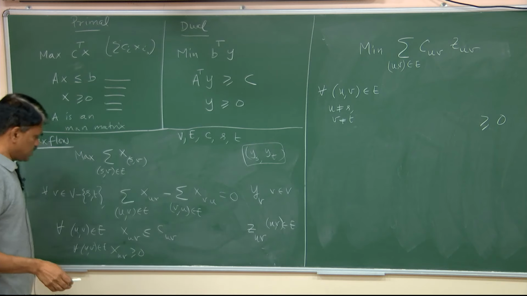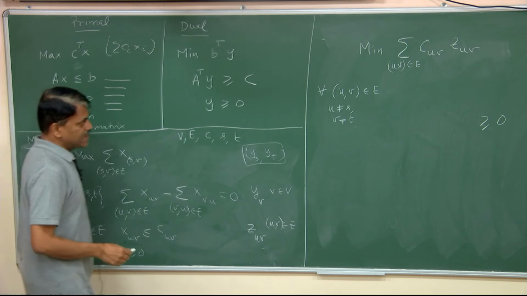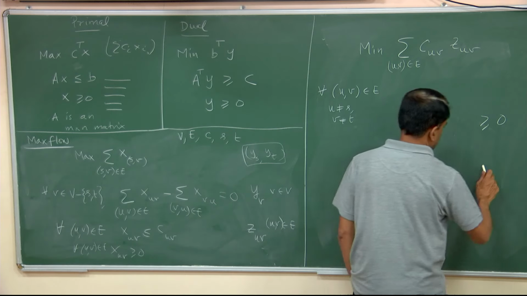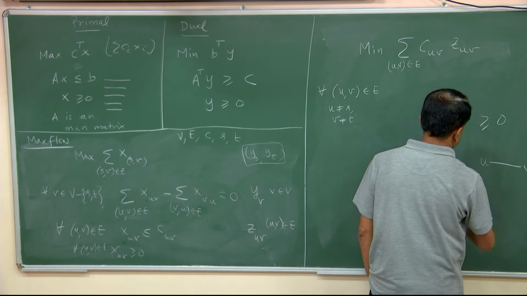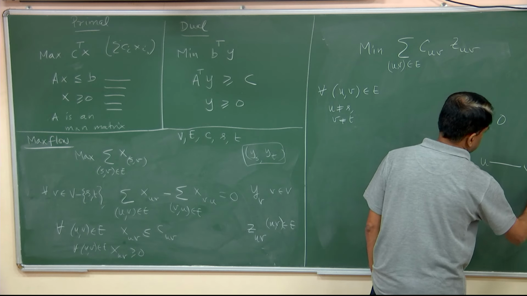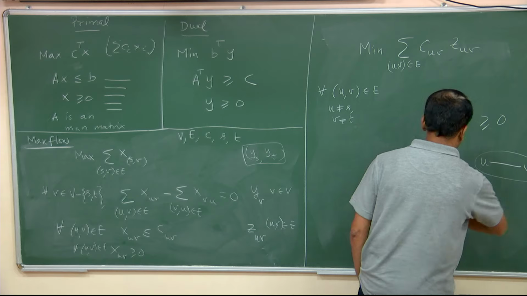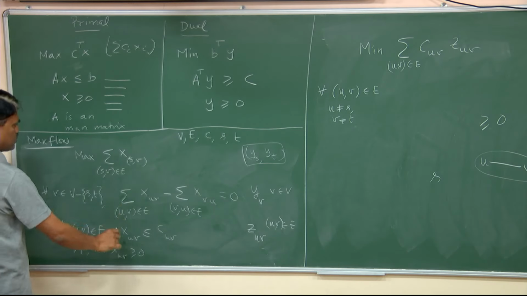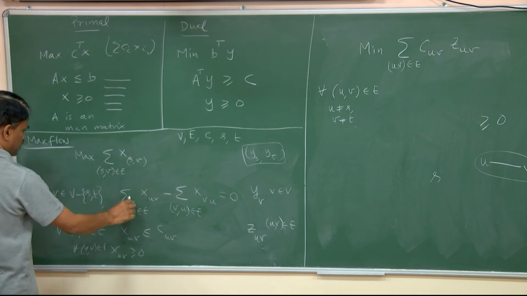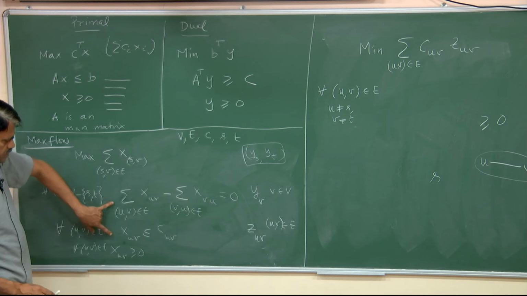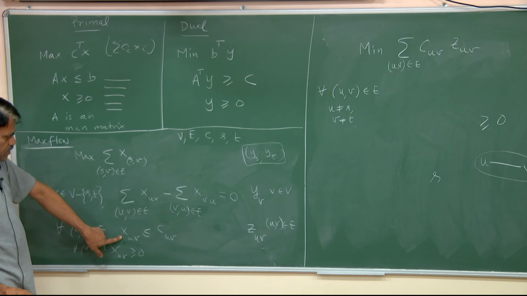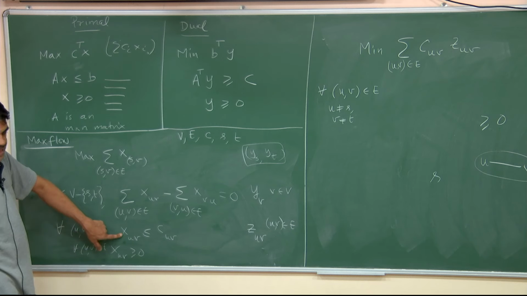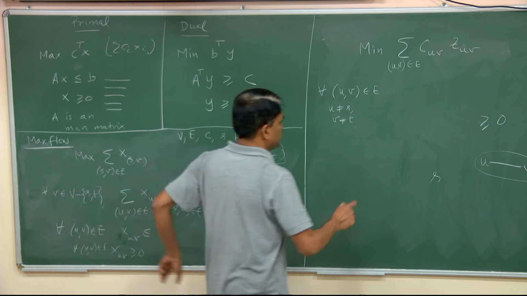So what do you get? You pick an edge UV. S is here, T is here. What are the coefficients in its column? There will be 1 ZUV because it appears exactly once.